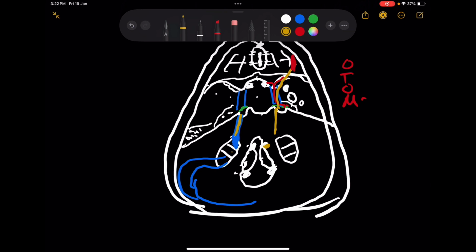And then there are the three nerves in between, the 9th, 10th and 11th. So 9th, 10th and 11th nerves. Sigmoid sinus, with the inferior petrosal sinus, becoming the internal jugular vein.